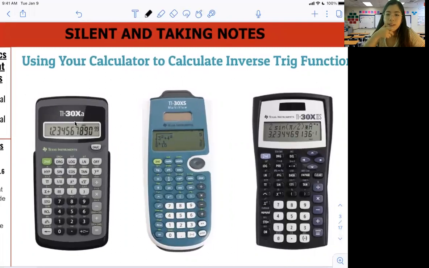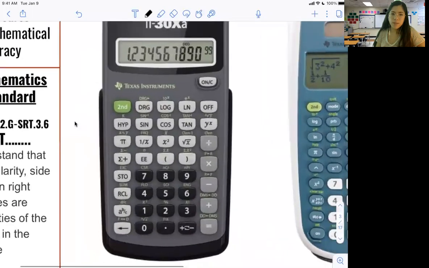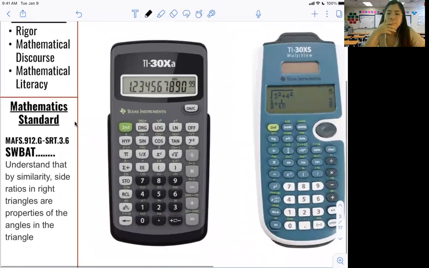Do you guys see them on one of these calculators? Let me zoom in to this one because most people have this one. Do you all see it?